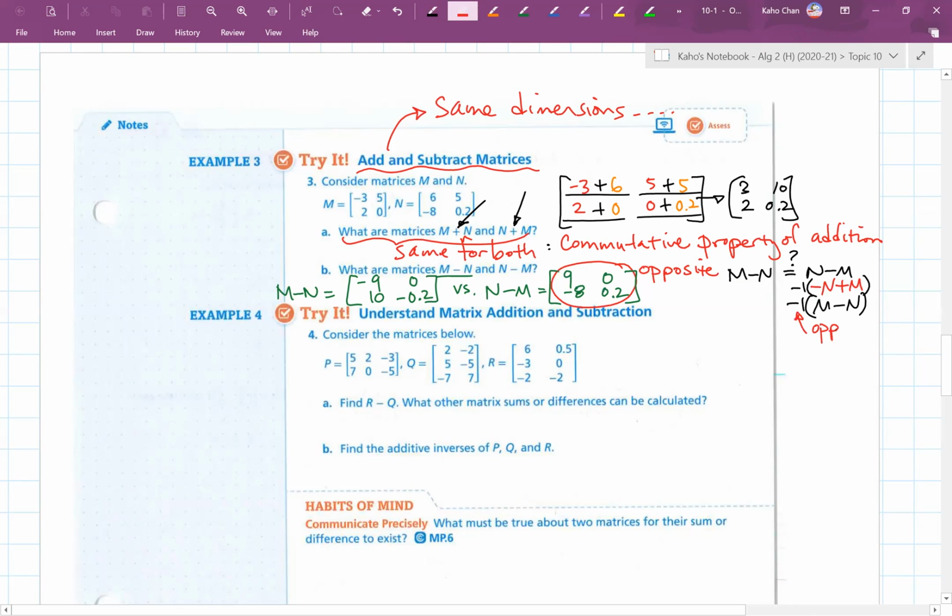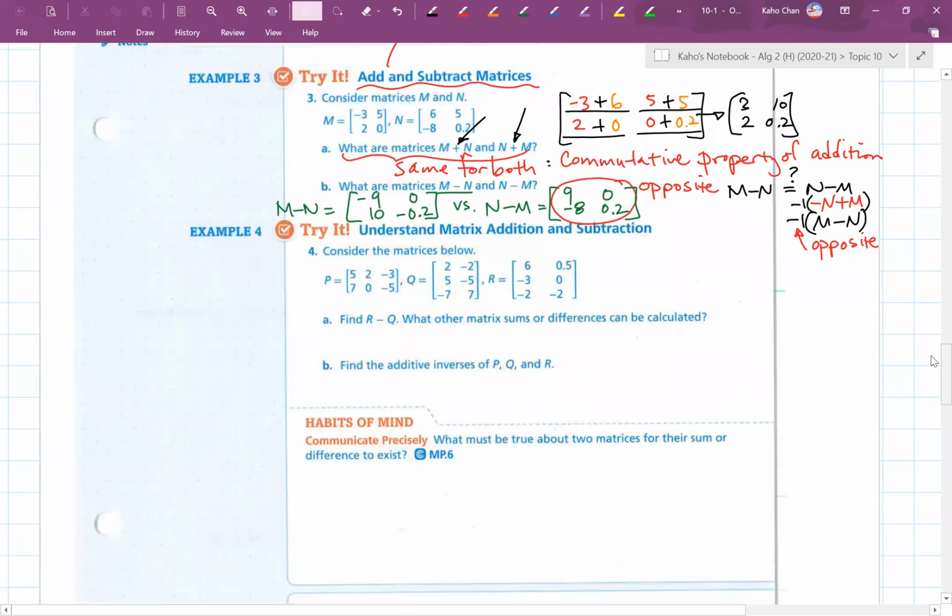That was a quick algebraic proof there. Okay. Well, that wasn't too bad, was it? Just a quick little connection there. So there is no relationship other than its opposite if you try to subtract them.